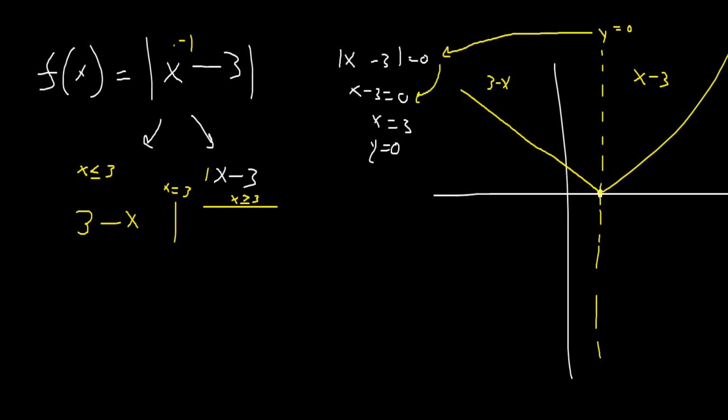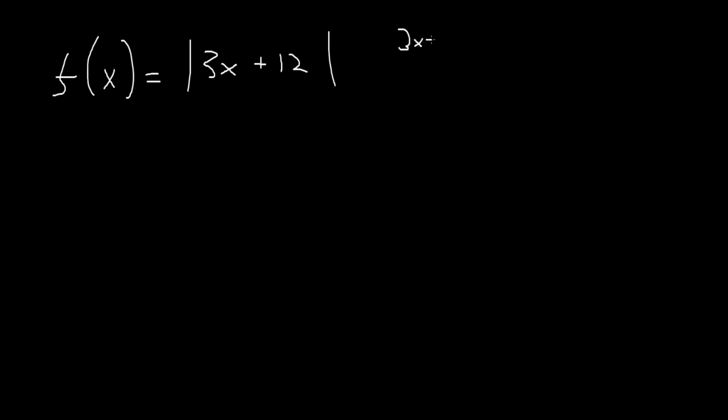So let's do one more of these before we continue on to talk about some other stuff. Let's start with f of x equal to the absolute value of 3x plus 12. So we have 3x plus 12 equals 0.